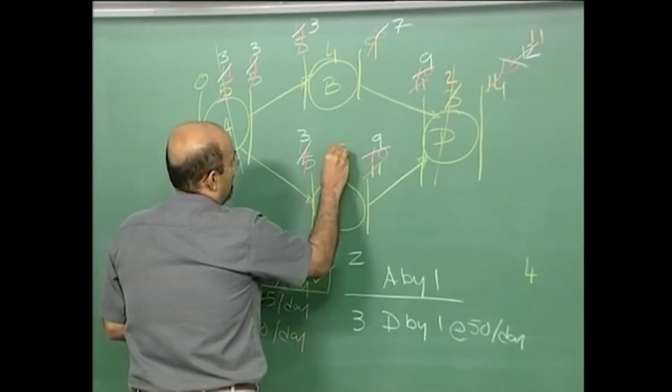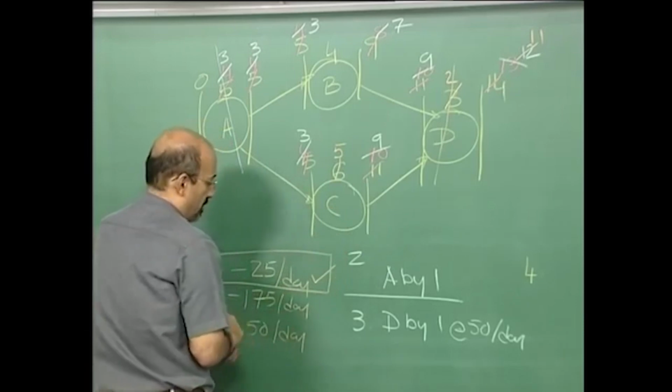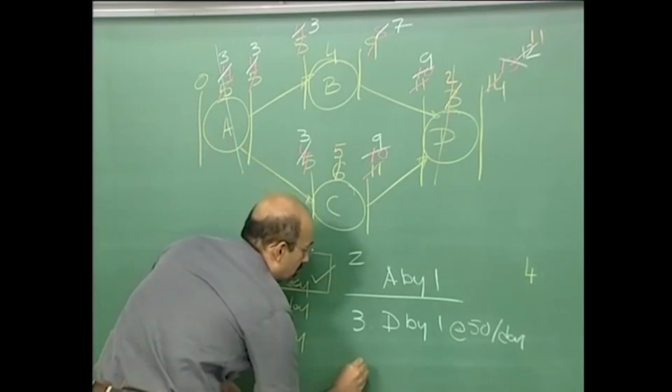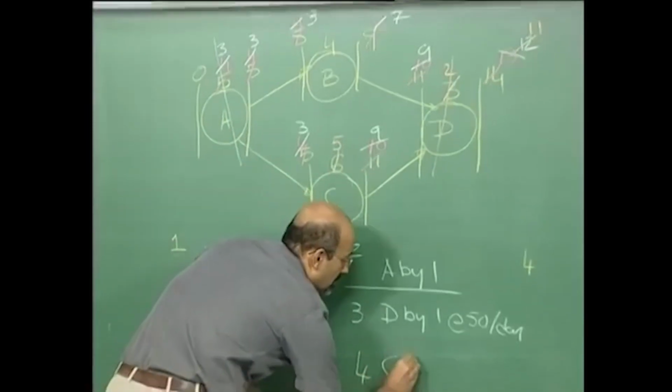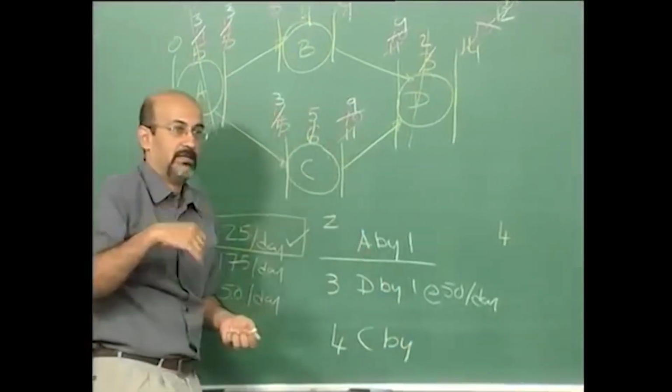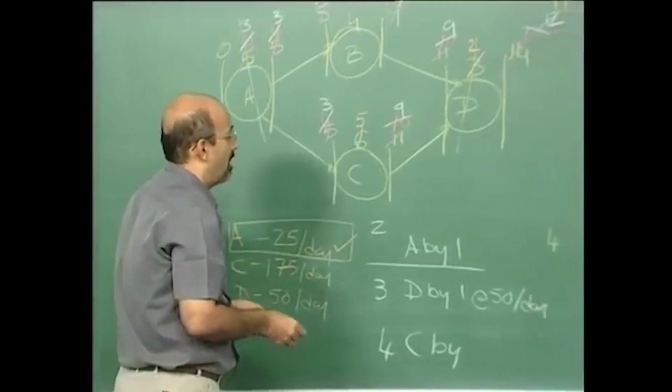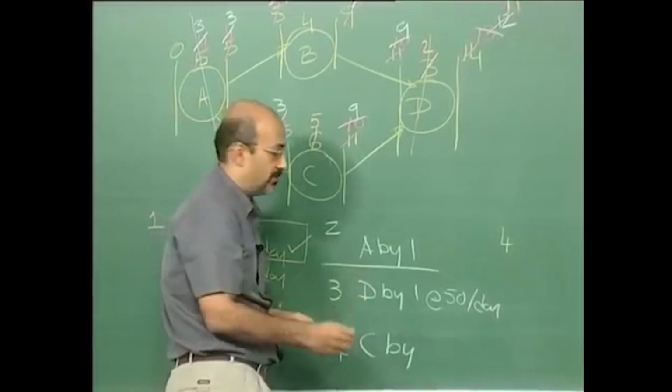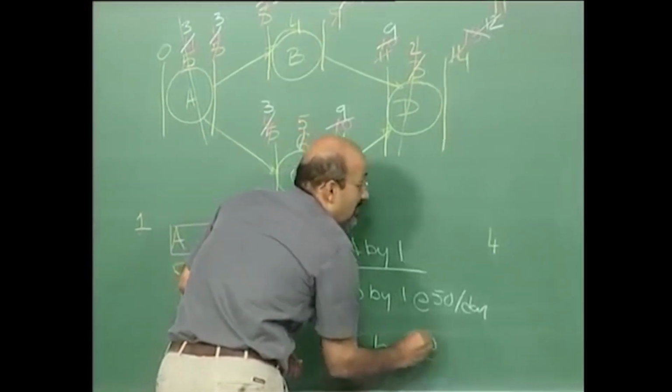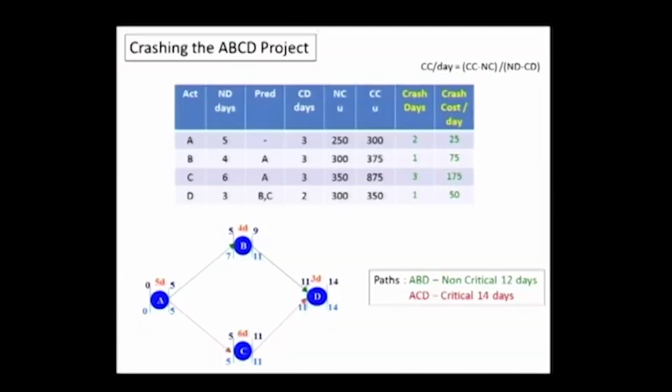Let me go step by step. That is my only option. My fourth step is I can go C by 2. Okay, I just want to take it step by step here. C by 1 at 175 per day.